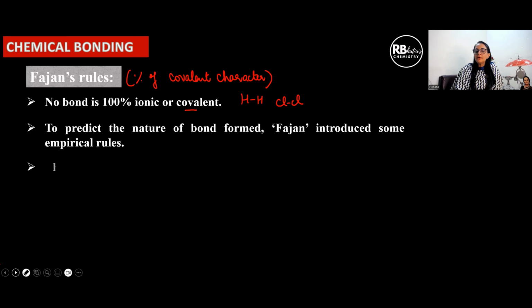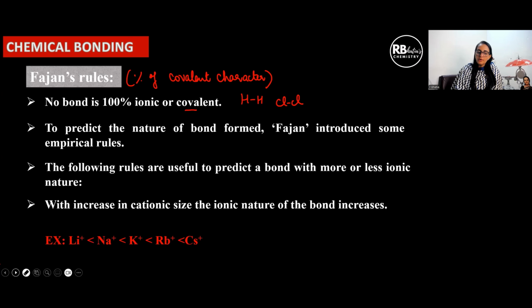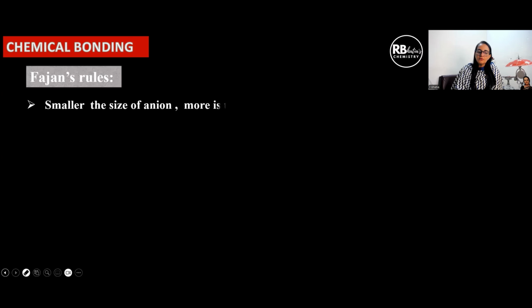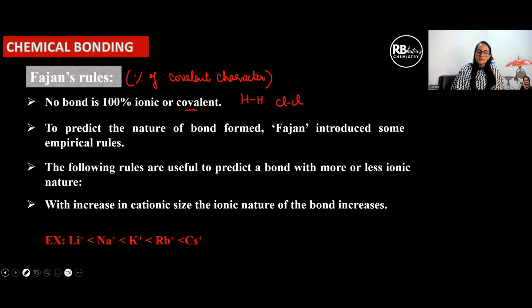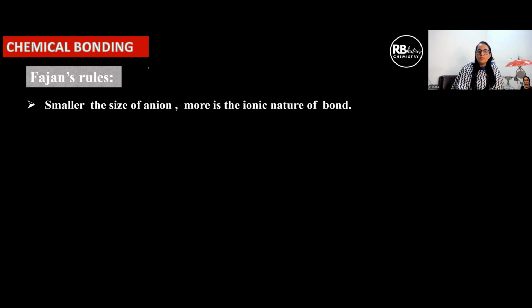So to predict the nature of bond formed, Fajan introduced some empirical rules to determine the percentage of ionic or covalent character. So what did he say? He suggested the rules based on the size of cation and anion. Smaller is the size of anion and larger the cation, more is the ionic nature of bond, or vice versa.